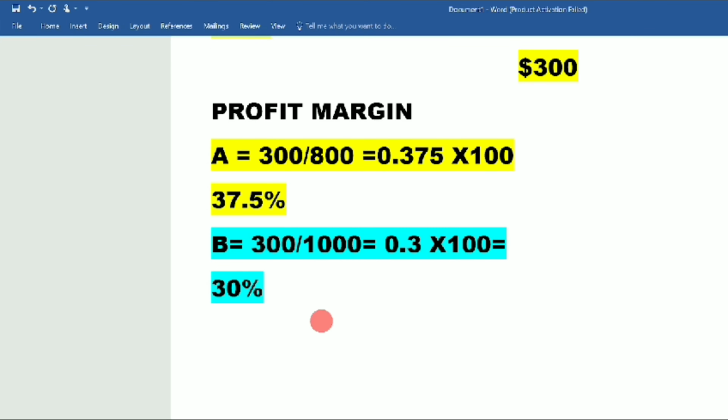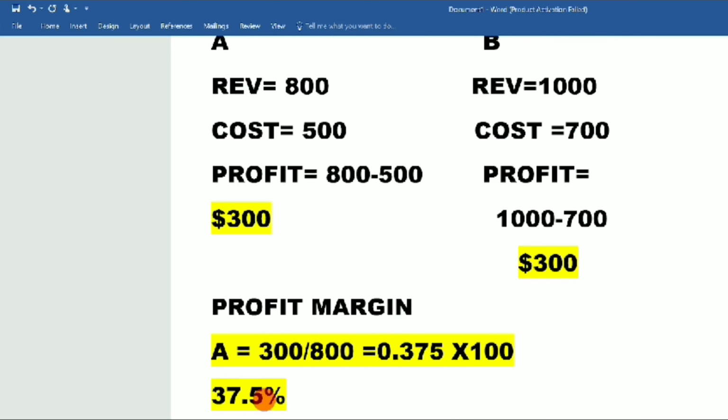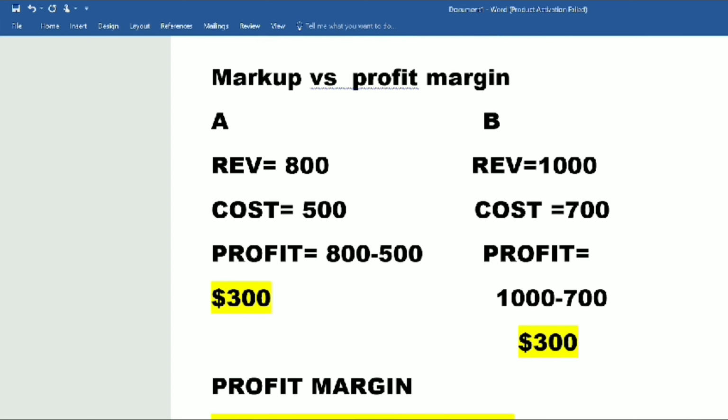All right, now we have 37.5% for business A and 30% for business B. You can see they both have the same profit, but their profit margins are different, and this is because the revenue acquired from the businesses is different. That's why the profit margin for A is 37.5% and for B is 30%.